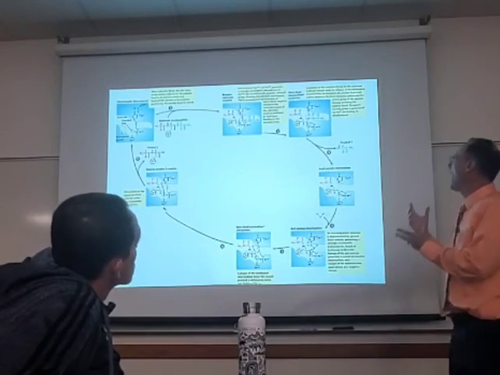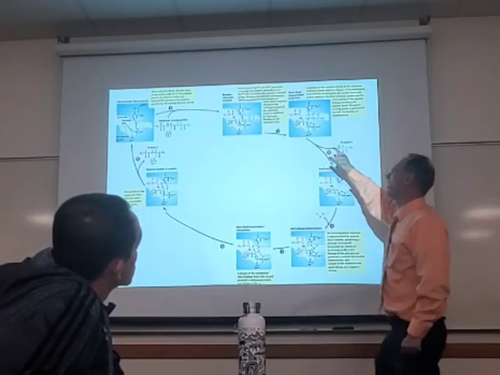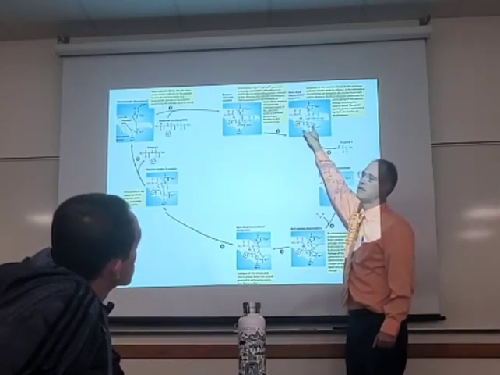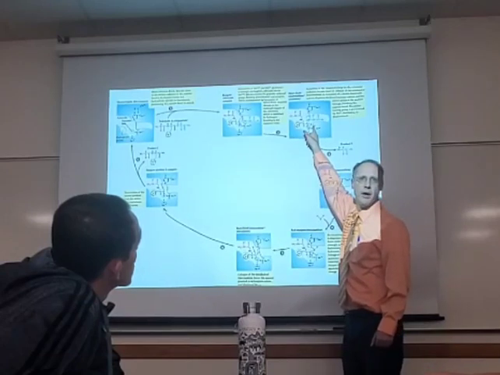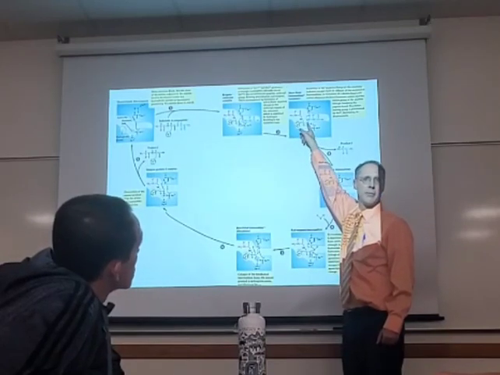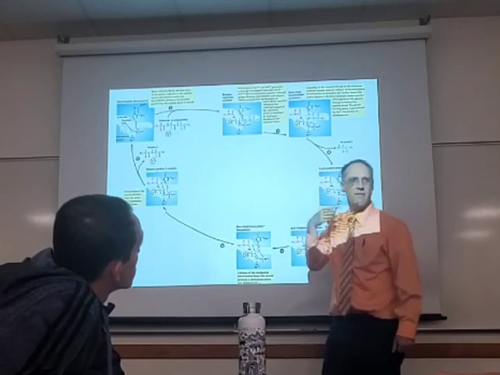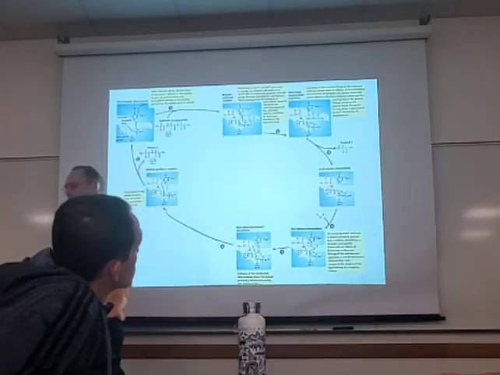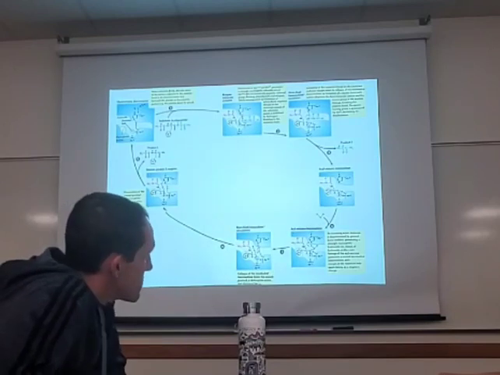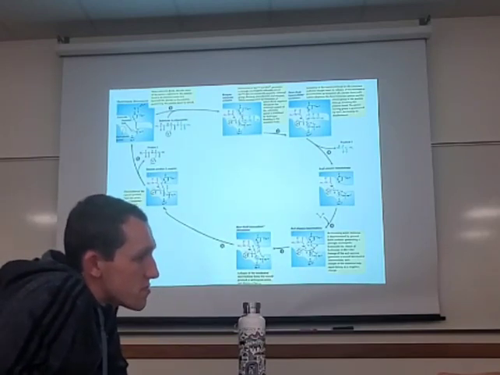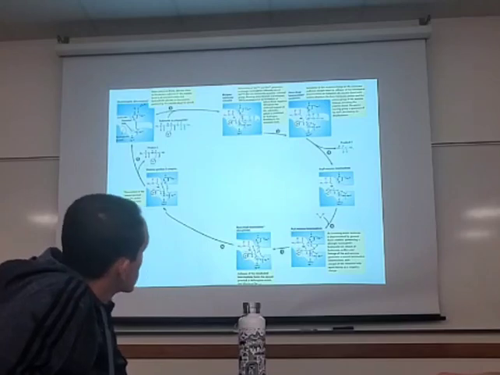But what is it about this? It's nothing to do with the tetrahedral. This step has what? A covalent bond between the substrate and the enzyme. If that forms, then we're there.